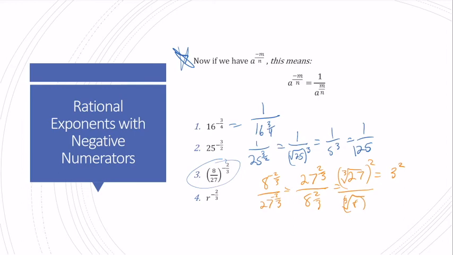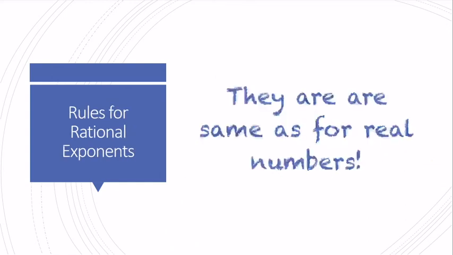The cube root of 8 squared, which would be 2 squared, so I have 9/4. Same holds true for variables as well. I've got 1 over r to the 2/3. The rules for rational exponents, it's important to note, are the same as the rules for real numbers.